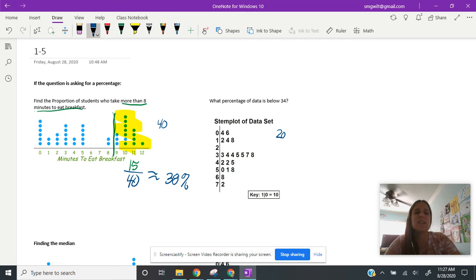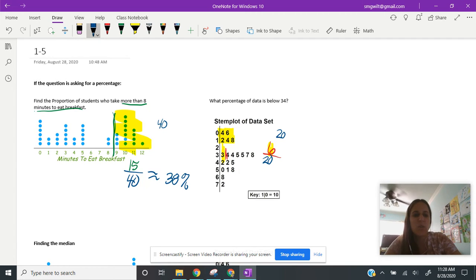For the next one, it's asking what percent of data is below 34. If I figure out where 34 is, this number here would represent 34. So I'm looking at the values that are below 34, which means I'm looking at these values. If I count how many of those we have, we have 6 values that are below 34 and then 20 values total.